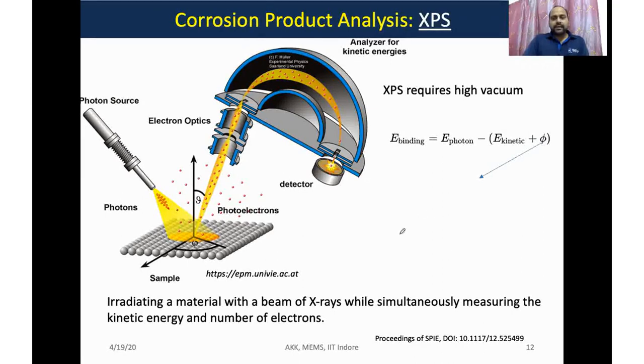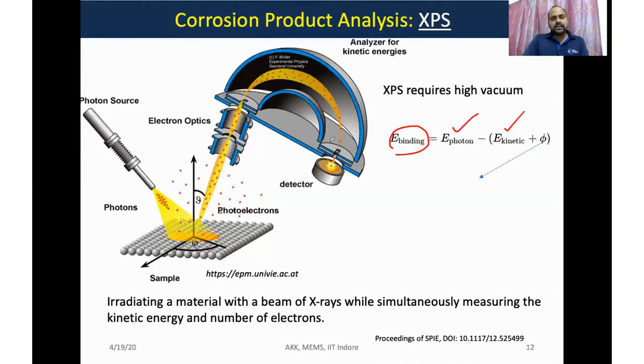If we want to calculate the binding energy of that particular electron, it can be easily calculated. We already know the energy of the X-ray photon, and the detector measures the kinetic energy when the electrons are ejected from the material.